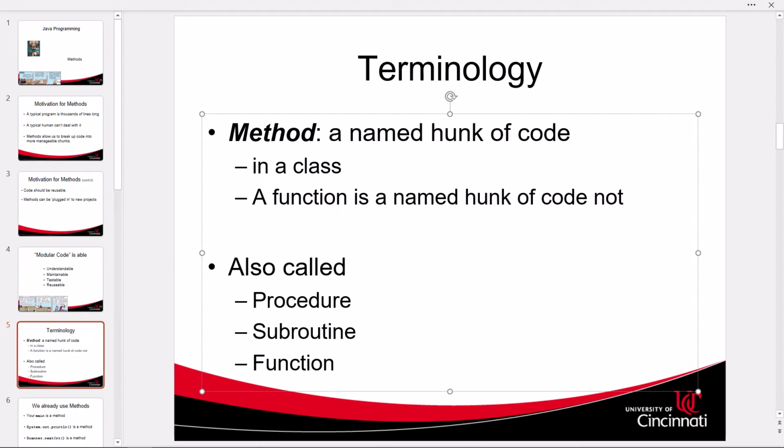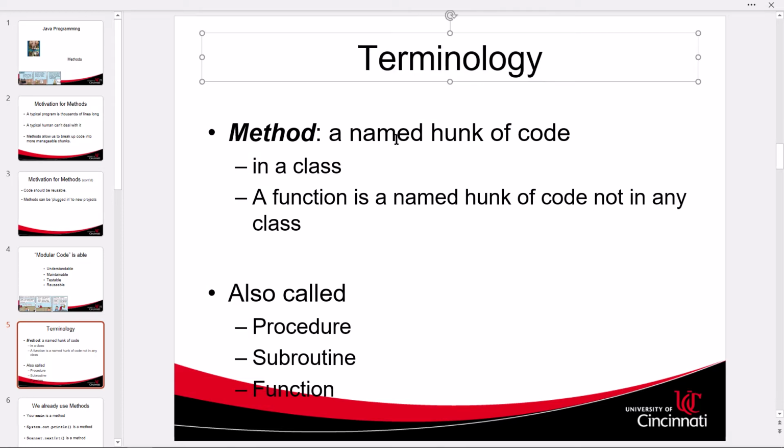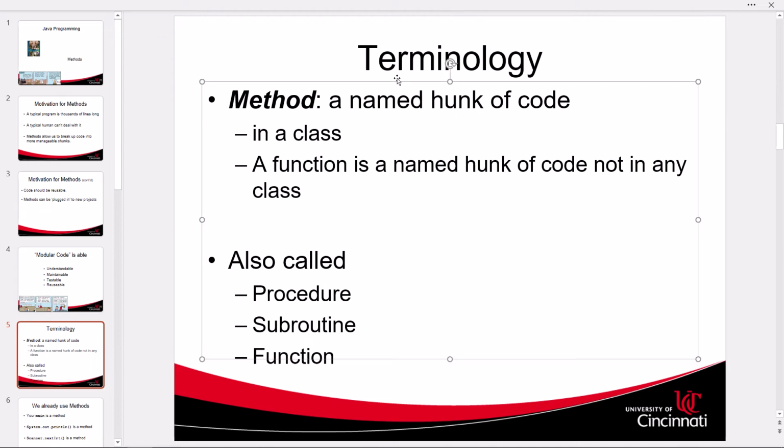Now, if you dig a little deeper, there is another term, function. And a function is a named hunk of code not in a class. A lot of us use the terms interchangeably. I know I do. So it's okay if you fall back into the habit of referring to that hunk of code as a function. We get your meaning.